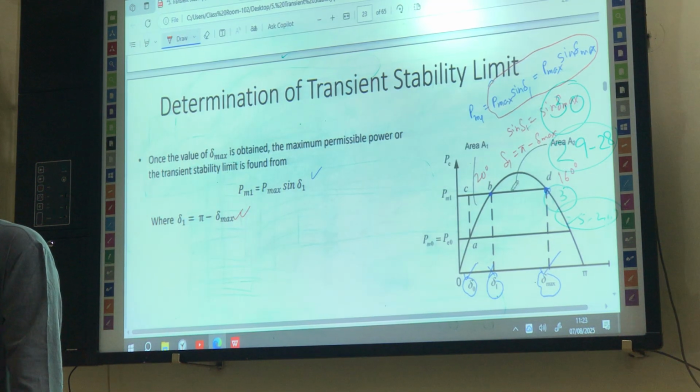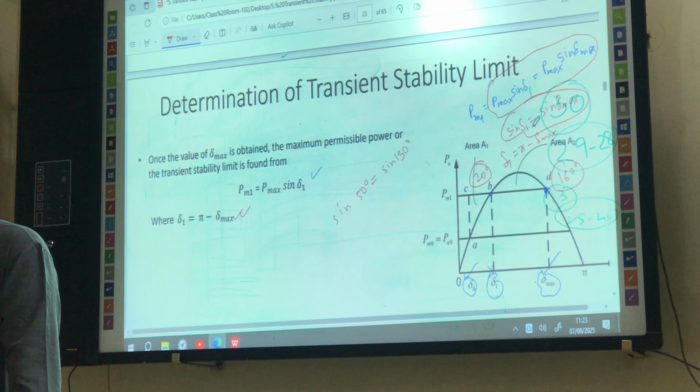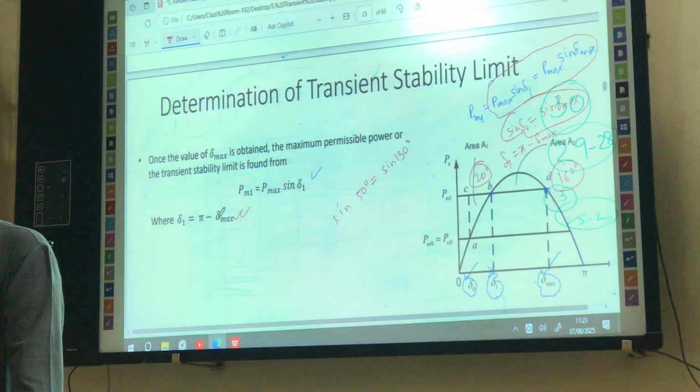The summation of these two should be 180 degree, because sine 20 is exactly equal to sine 160. Sine 50 should be exactly equal to sine 130. That is the case, right? So how will we write this thing? The value of delta 1 from this expression, you can write delta 1 simply equal to pi minus delta max. Have you got the idea?